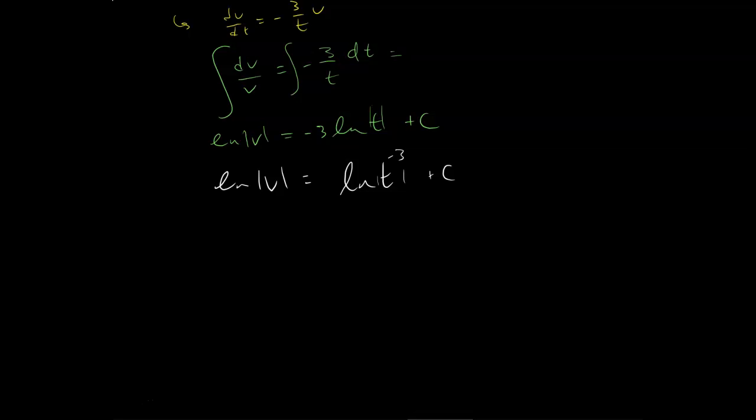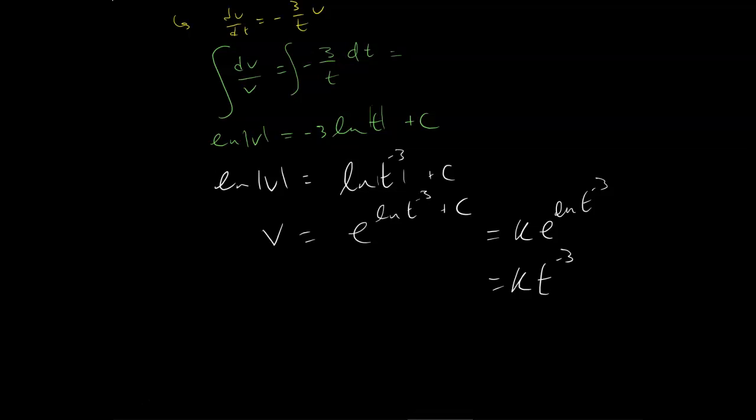If I do e to the power of these, I'd have e to the natural log of t to the negative 3 plus some constant. That's the same as an arbitrary constant in front, times e to the natural log of this stuff. Well, wait a second, e to the natural log just gives us a constant times t to the negative 3.